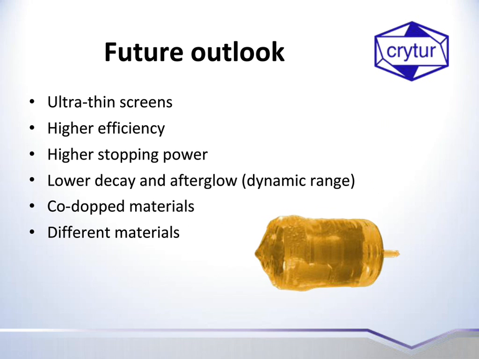We can have pure materials, which is always the question, or we can dope them with different materials that will prevent it from radiation. So we are searching for new materials that can be made down to ultra-thin screens, and this is something which is very demanding. We need a lot of background, a lot of research, but we believe it can be done to provide the best resolution in imaging.